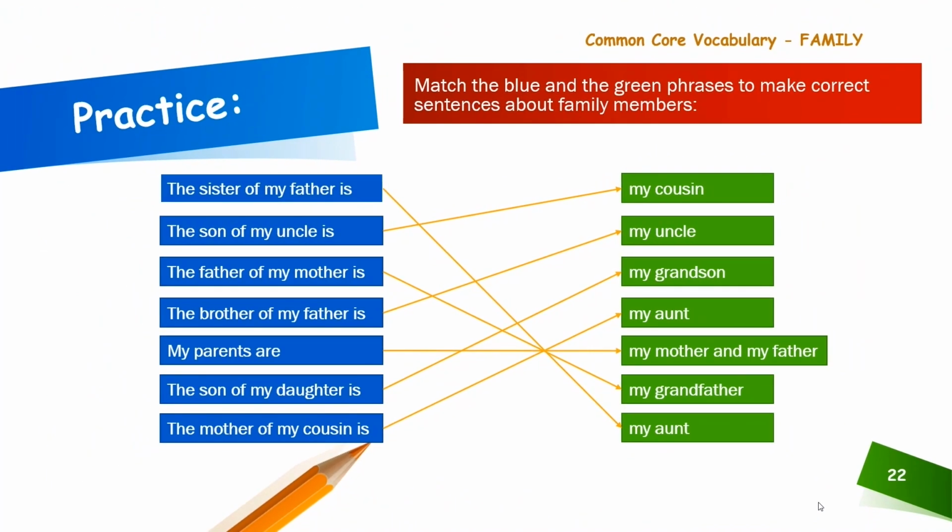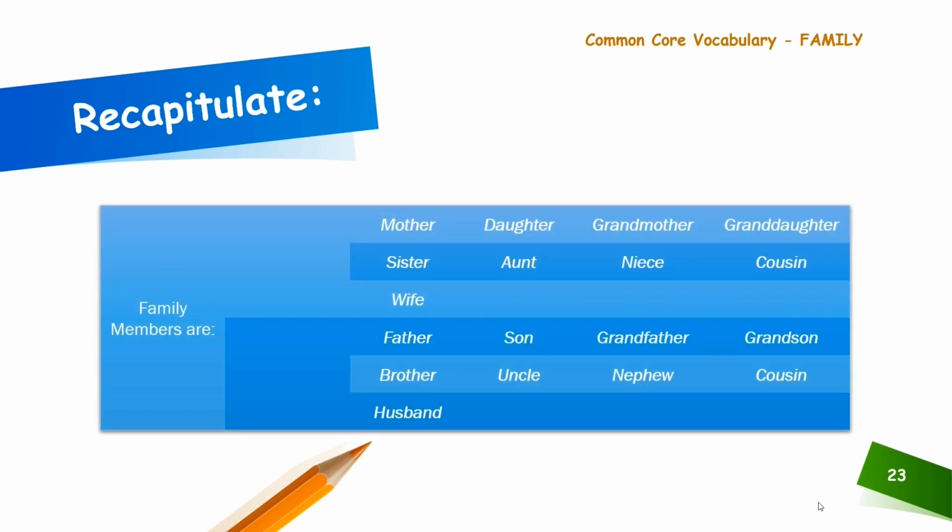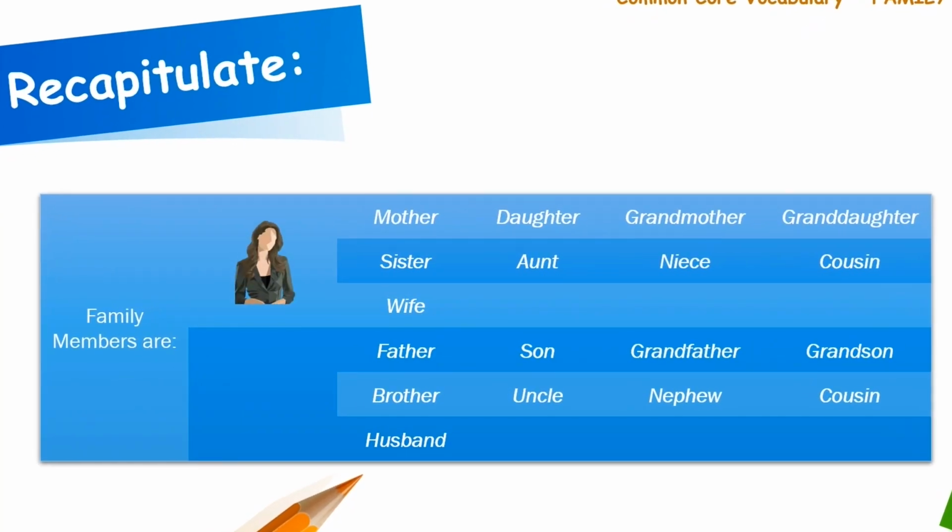Now we arrive to the end of this lesson, but before we finish, we should recapitulate what we have learned today. So we have seen many family members, and they are, when you are talking about females, mother, daughter, grandmother, granddaughter, sister, aunt, niece, cousin, and wife.